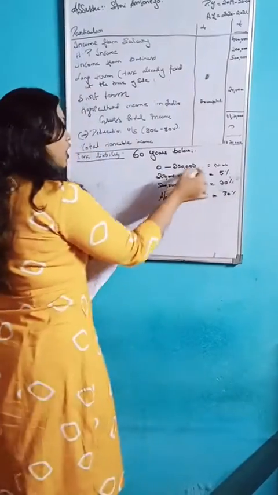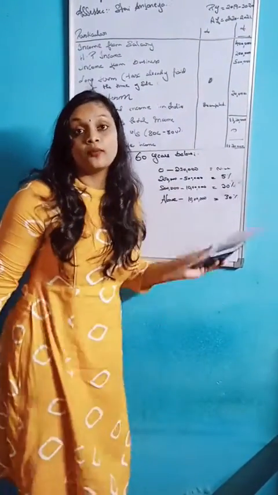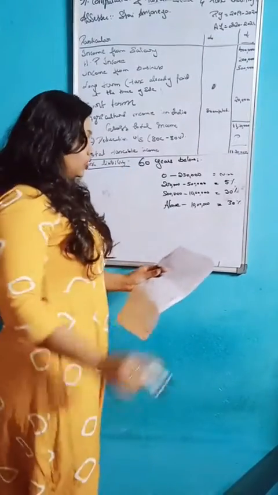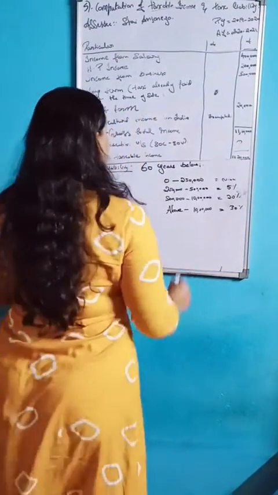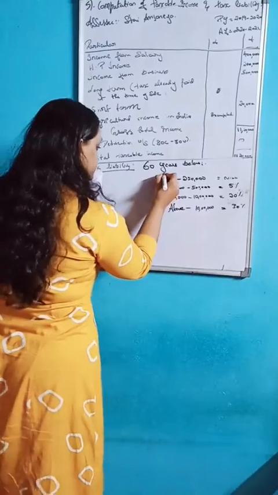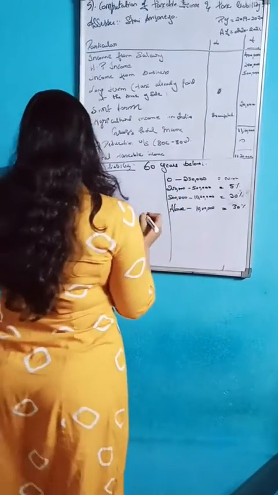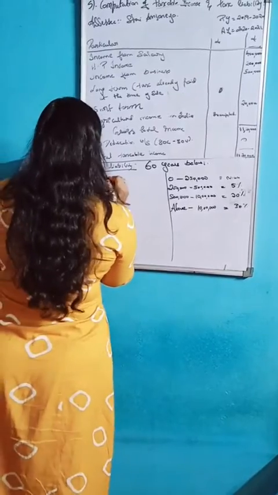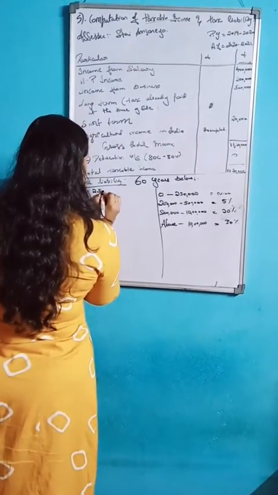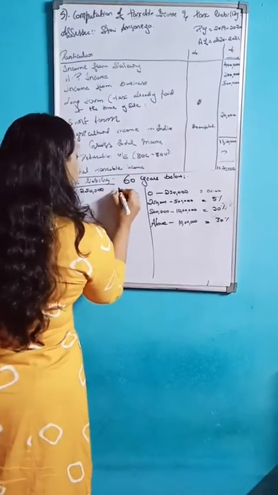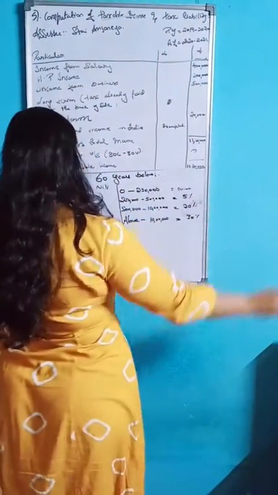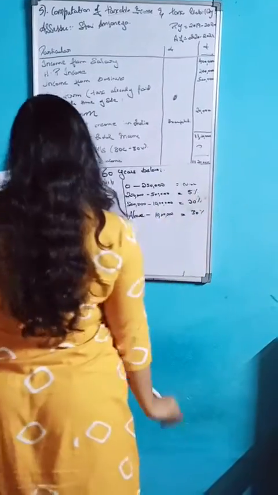So this is the format. Based on this format we will calculate the tax liability. Okay, let's do the problem. So up to 2,50,000 here it is nil, because the income is 11,20,000. So it's nil. Okay.